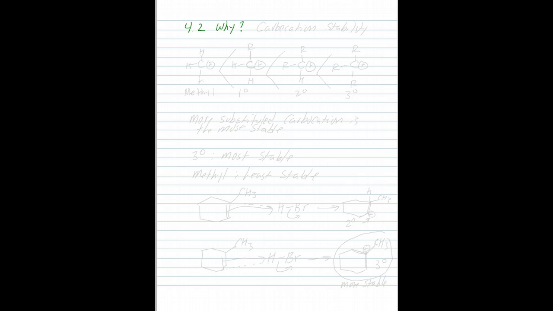I'm including this in 4.1 because it's a perfect transition. And that is because of something called carbocation stability. There are several different types of carbocations we're going to talk about, but for right now, we're going to talk about four of them.